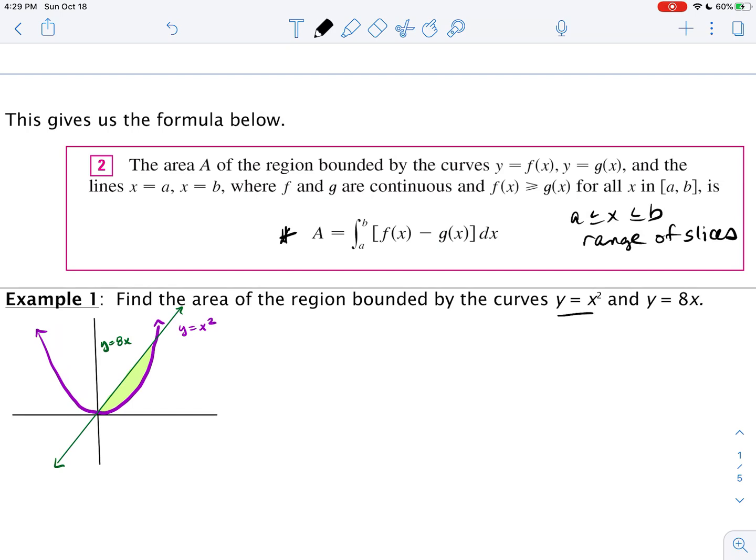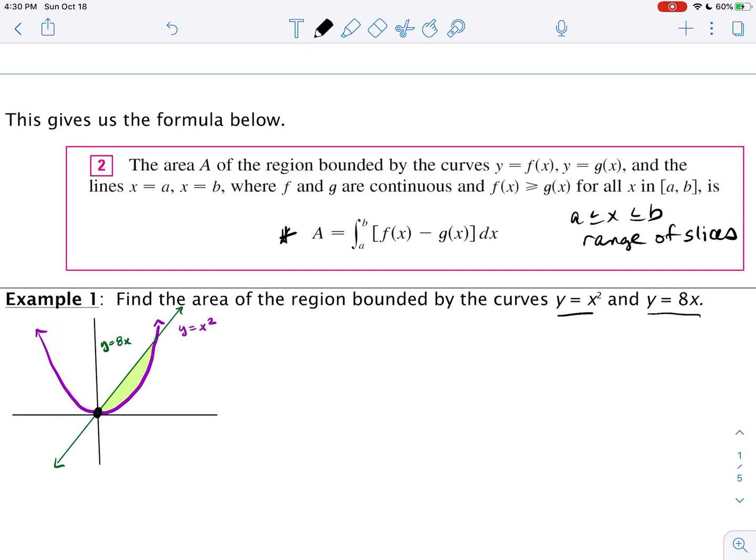And when we're given an equation, y equal to x squared, for example, what are the points that make that statement true? They make up the graph of that curve, and that curve over here in our graph is in purple, the y equal to x squared. And y equal to 8x on our curve over here to the left is going to be in green.